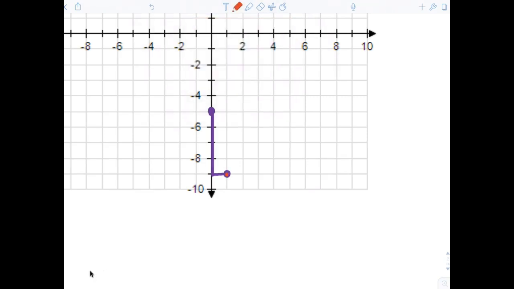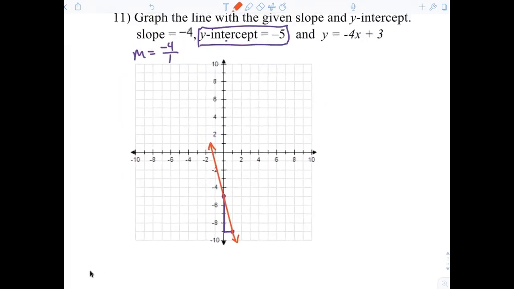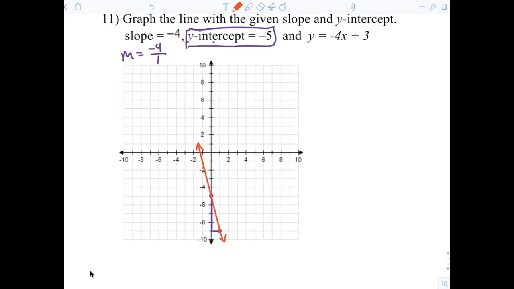Here we go. Anybody have any questions with that? Since it was negative, you went down, and on the other equation, since it was positive, you went up. Exactly. Up is positive, down is negative.